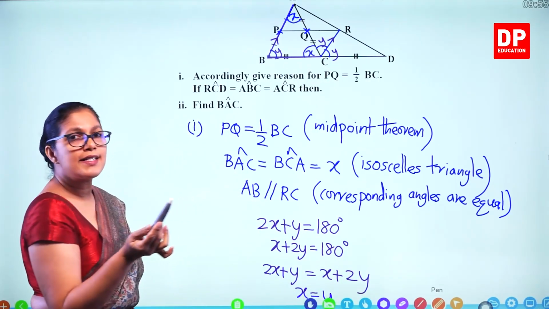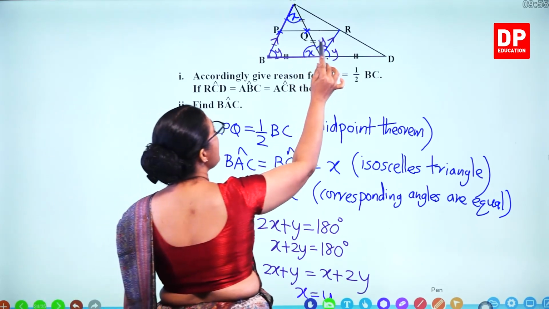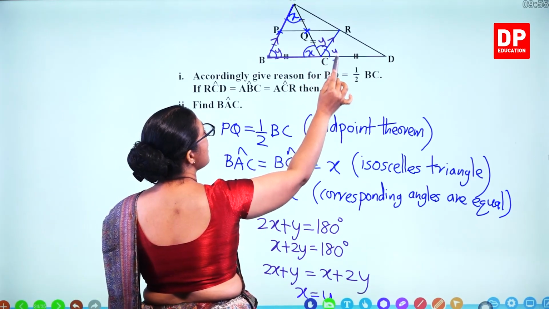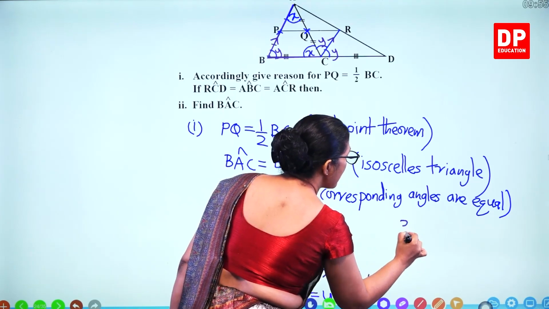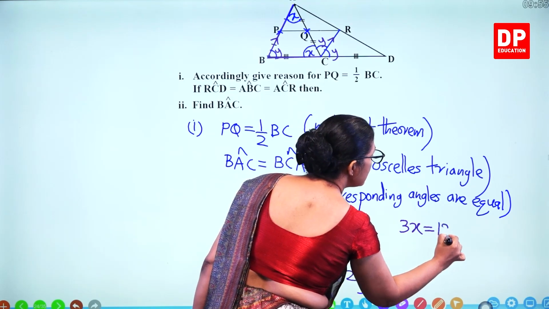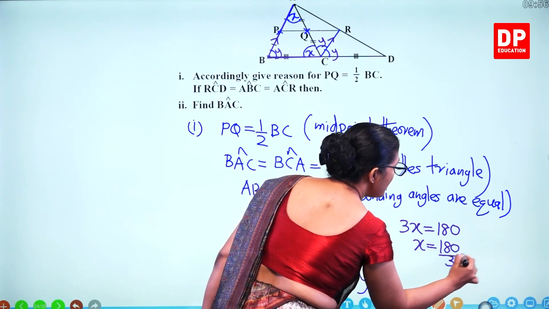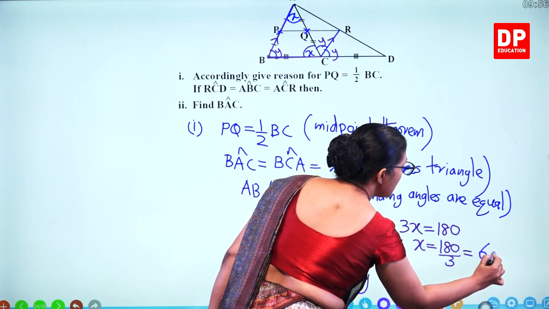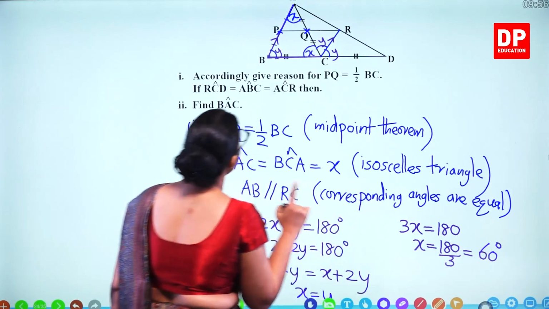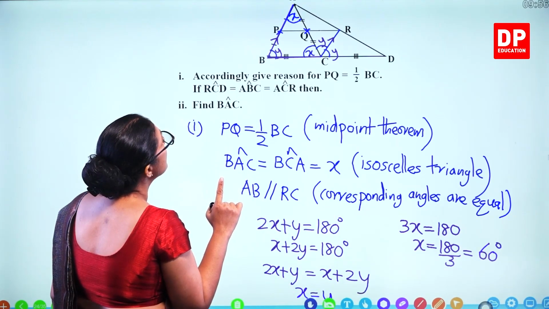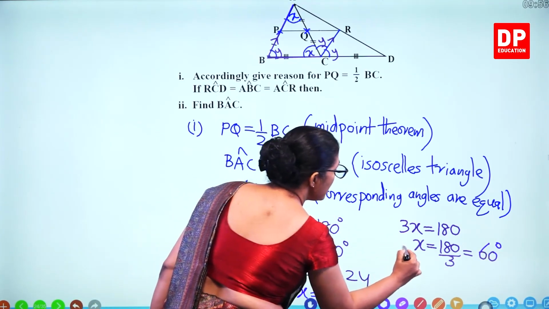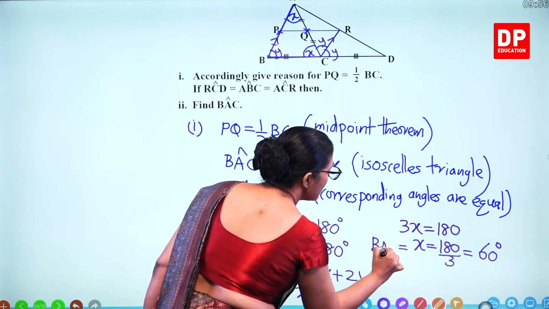So now we can find out easily the x value. So all three angles are the same. So 3x equals 180. So x becomes 180 divided by 3, 60 degrees. So what is x? X is BAC. BAC is 60 degrees.